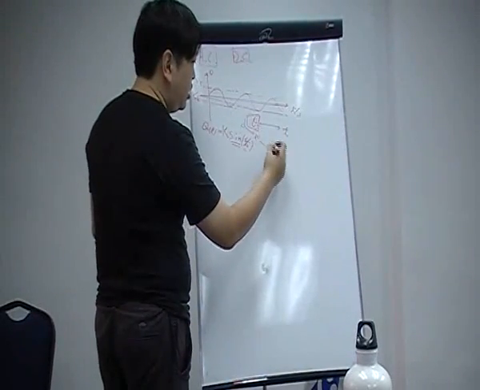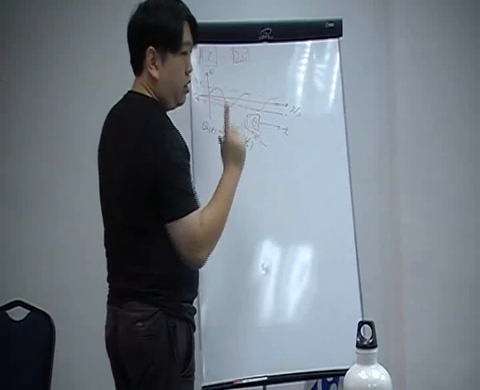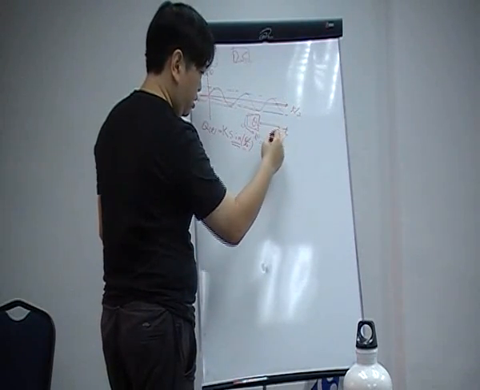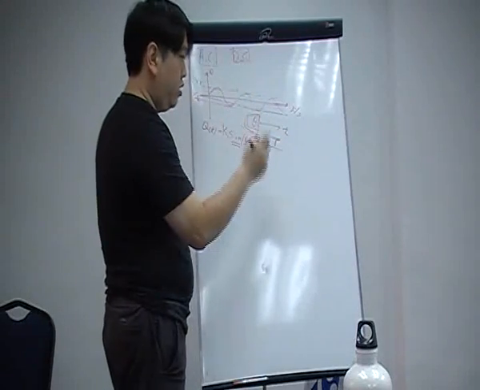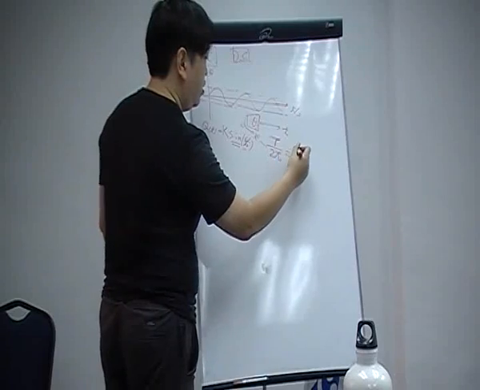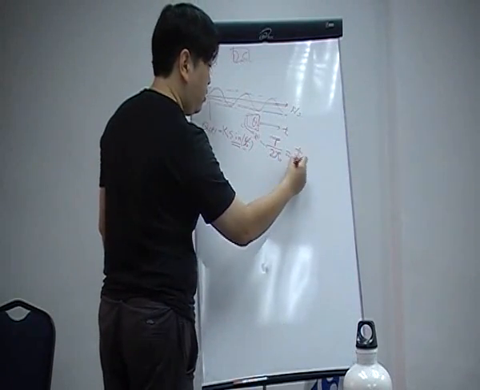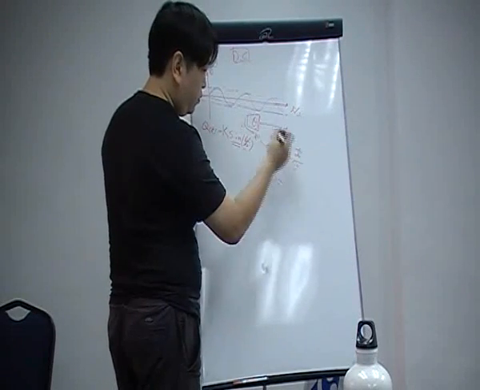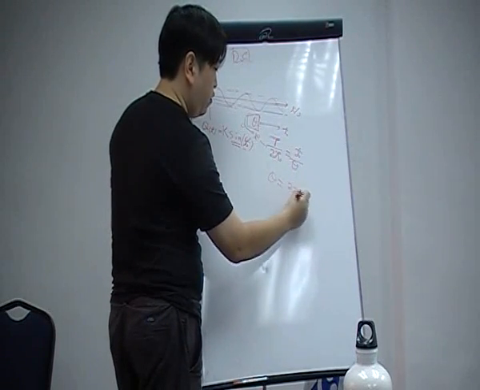One cycle, the time is T. One cycle, the angle is 2 pi. Therefore the theta is equal to 2 pi over T.